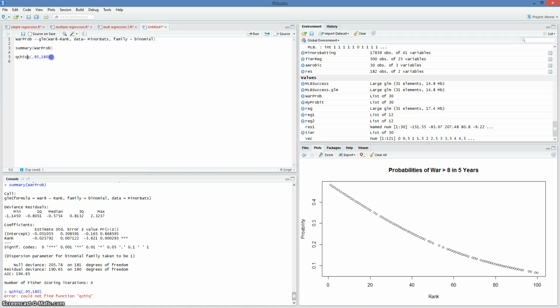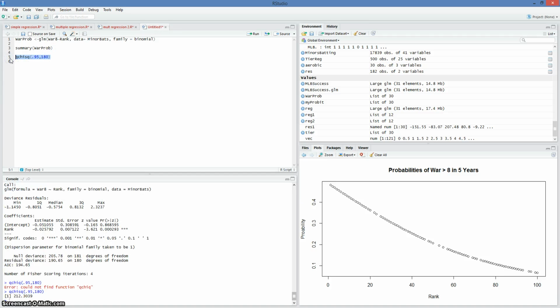So we get this value of 212, and since it's greater than the degrees of freedom we have, we can reject the null hypothesis. So we can believe that this model is a fairly good and accurate model.